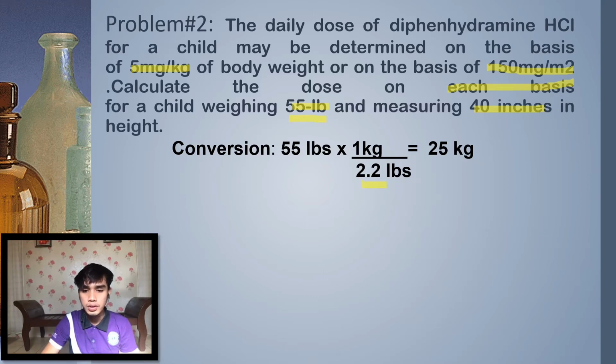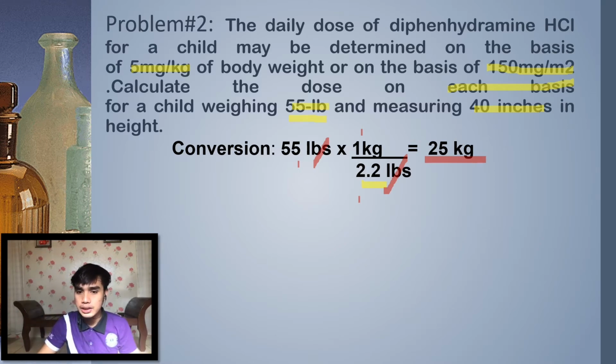So pounds here will be cancelled out again, leaving kilogram as our unit for weight. So 55 multiplied by 1 divided by 2.2 pounds will give us the answer 25 kilogram as the weight of the child in kilogram.